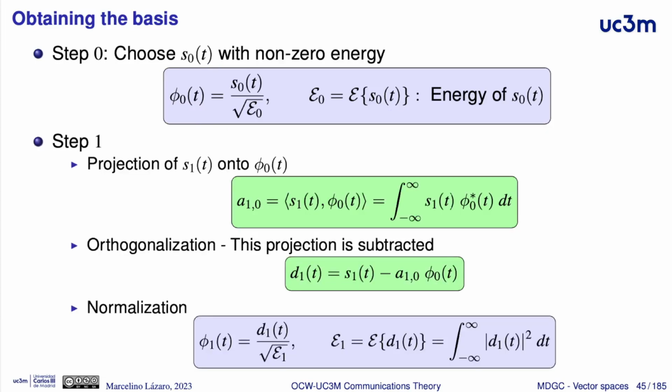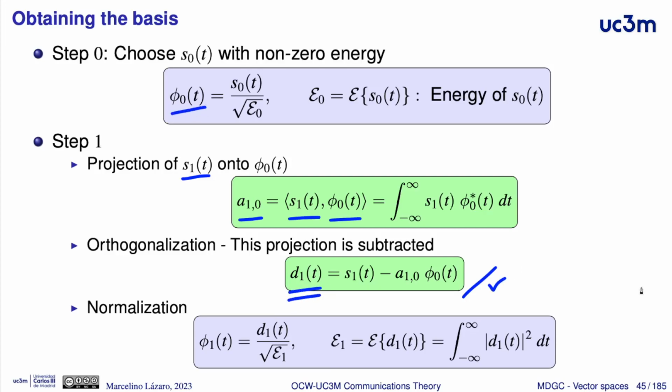In the next step, another signal, S1, is selected. Then it is necessary to obtain the projection of S1 in the element of the basis that we have, phi 0, by means of the inner product, and we obtain this coordinate A1,0. Then we convert S1 into an orthogonal function with respect to phi 0.